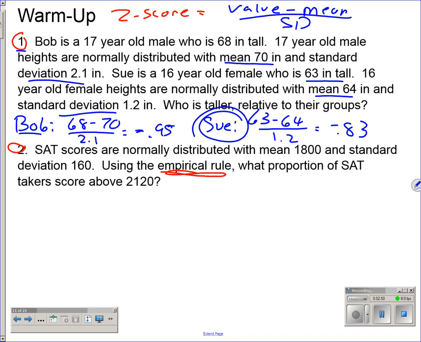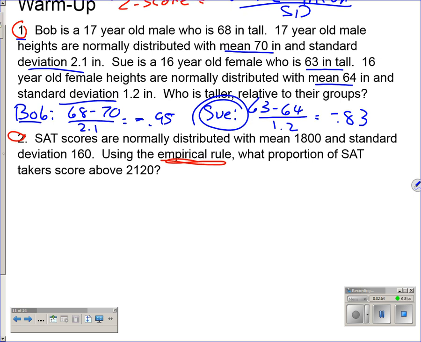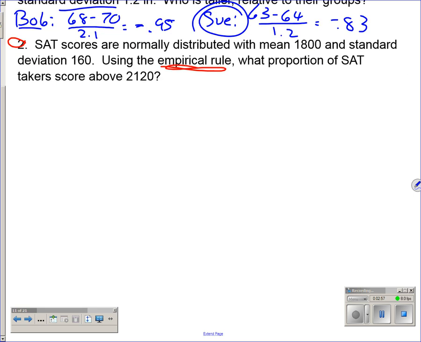All right, number 2. Number 2 says the SAT scores are normally distributed. It's giving you a mean and it's giving you a standard deviation. Using the empirical rule, I want to know the percentage or the proportion of people that score above 2120. In this case, we're only given 1 mean, 1 standard deviation.